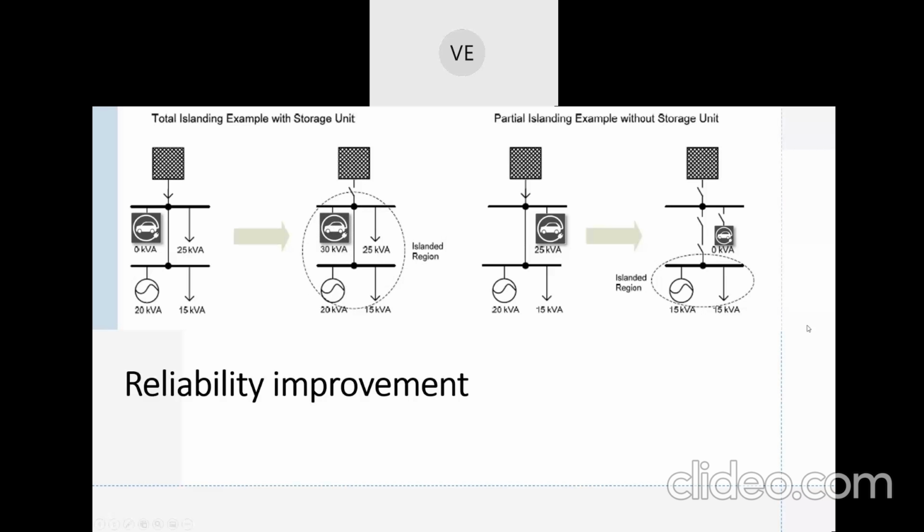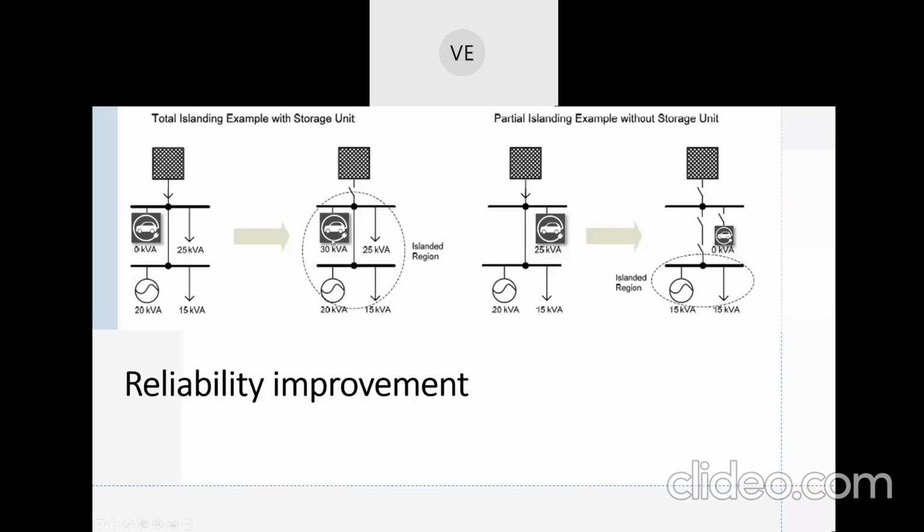We'll address these problems in the coming slides. We are just going through the framework now. What are the possibilities and avenues with the EV owners? So with the 30 kVA, 25 plus 15 is now 40.